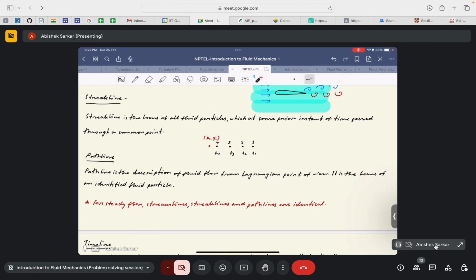Then molecule 3 was injected at time t3, so it reached this point, and molecule 4 was injected at time t4. It has reached this particular point. I'm considering that the flow is laminar, so they are following a straight path. So molecule 1 might reach here, then molecule 2 may be here, 3, 4 might be here. So this would be your streak line.